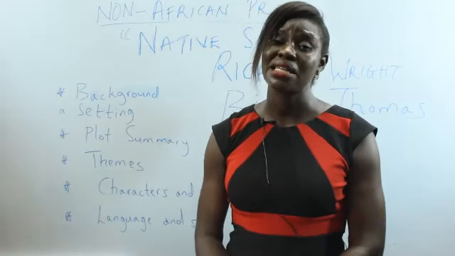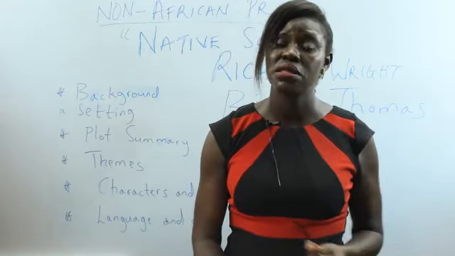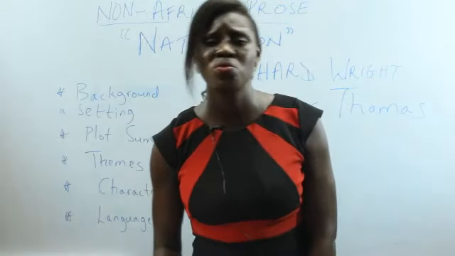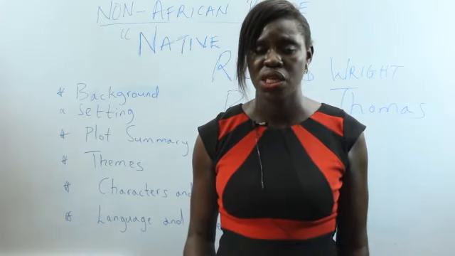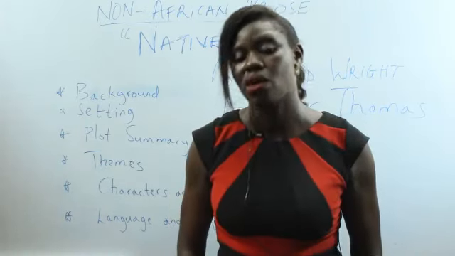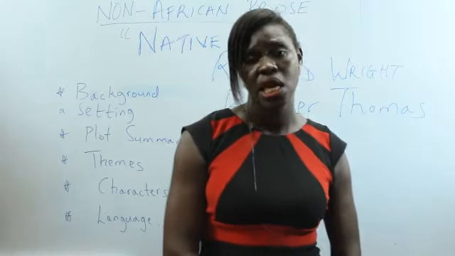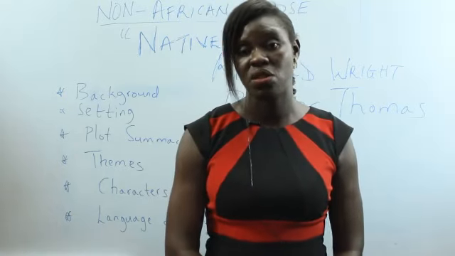Remember, characters like Bigger's mother, Vera Thomas, and Buddy Thomas, who are his family members, have already decided to embrace the way their lives have been made to be. Another character who acts subserviently like the other blacks is the priest who comes to visit Bigger Thomas in the prison.